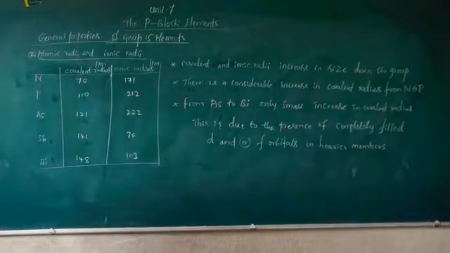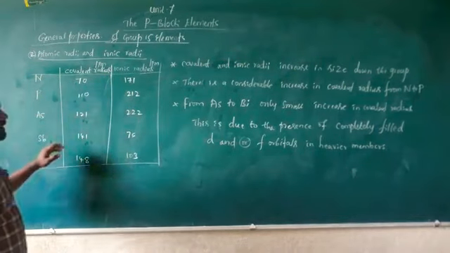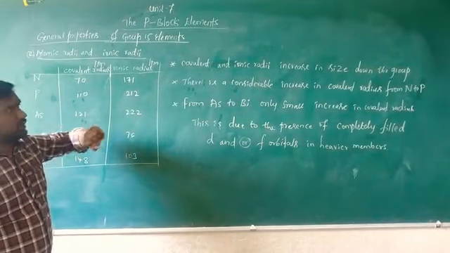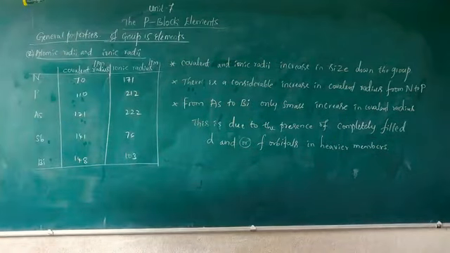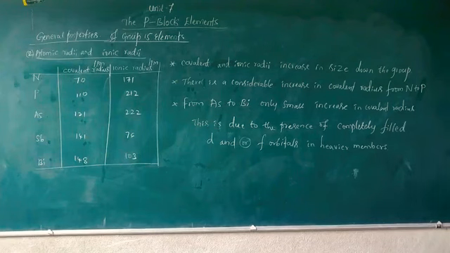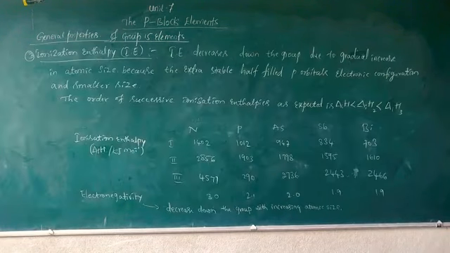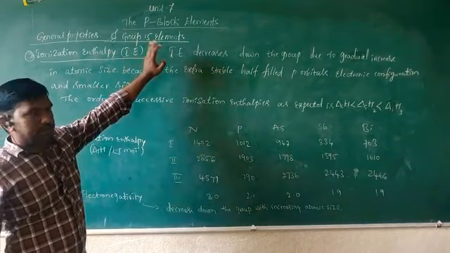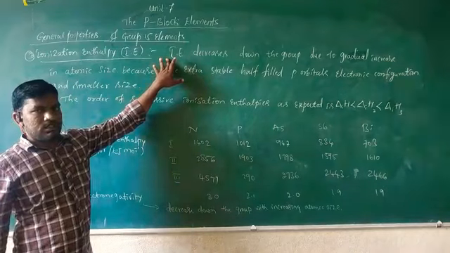Next, ionization enthalpy and electronegativity. Those are also general properties of group 15 elements. Now the third property, ionization enthalpy. What is ionization enthalpy?